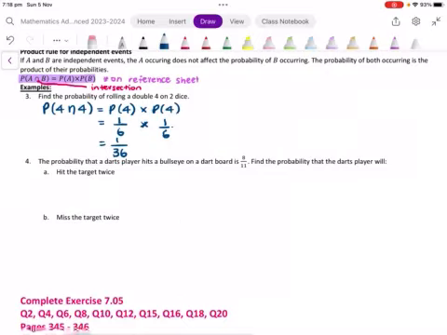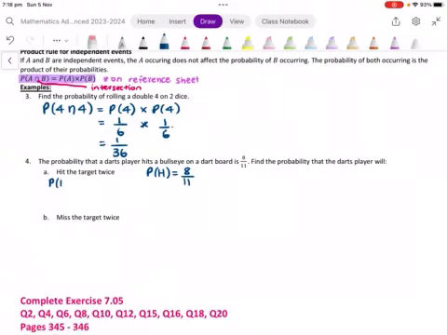For our next example, we have the probability that a darts player hits a bullseye on a dartboard is 8 out of 11. Find the probability that the darts player will hit the target twice. So we have the probability that it hits the dartboard is 8 over 11. We want to hit the target twice.